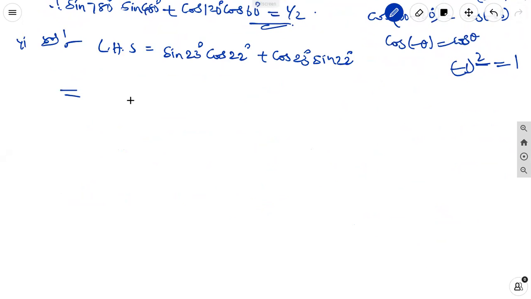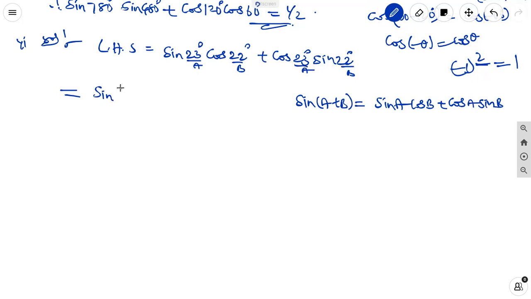It is clearly in the form of sine of A plus B equal to sine A cos B plus cos A sine B. Here just you can observe sine A cos B, cos A sine B. So it is in the form of sine of A plus B, that is 23 degrees plus 22 degrees.